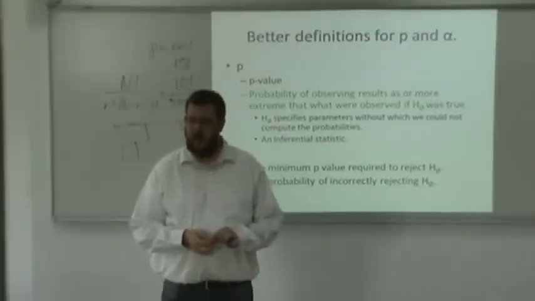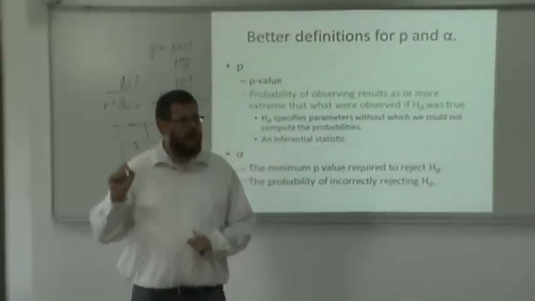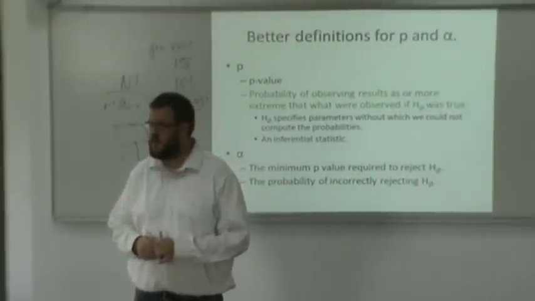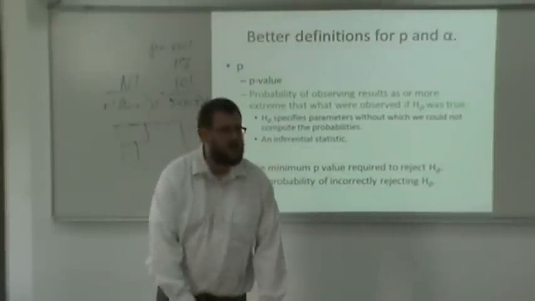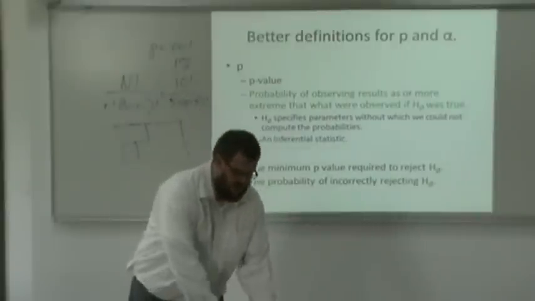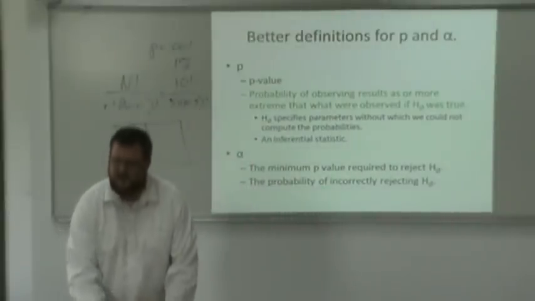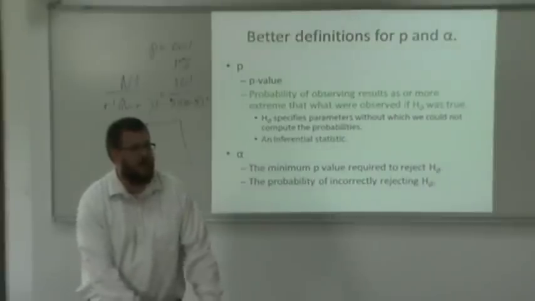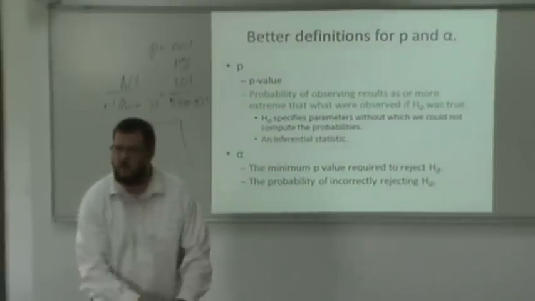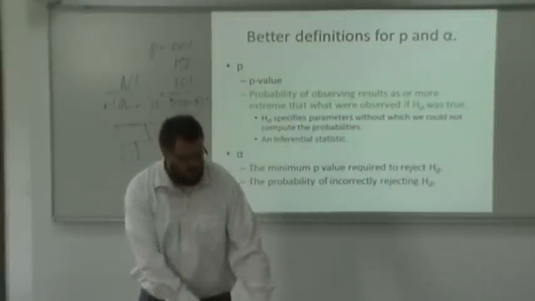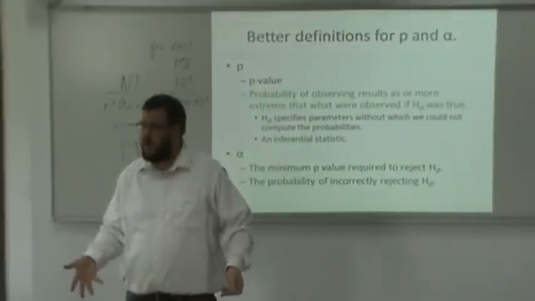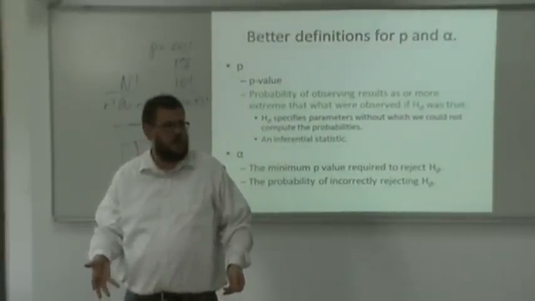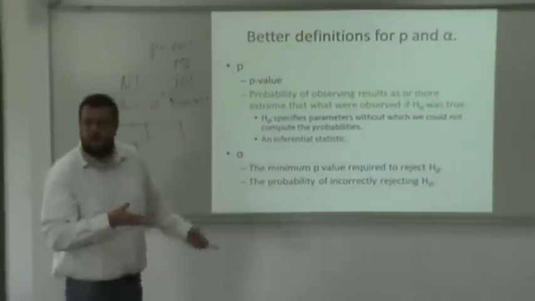So if we set our alpha to be 0.05, this means that we are rejecting events whose p-value is less than 0.05. So the probability of events that are more extreme. Now notice, you can still observe those events, right? With the fair coin, you can still observe those events with whatever the probability is.